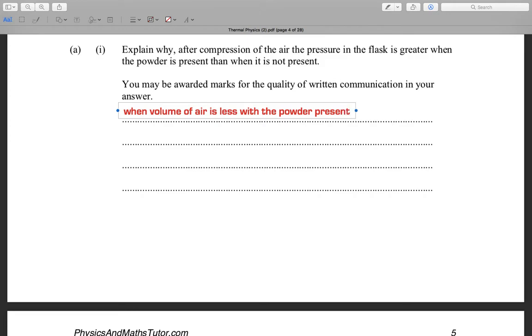Also, pressure is inversely proportional to volume. So pressure is greater because the volume of the air is less.